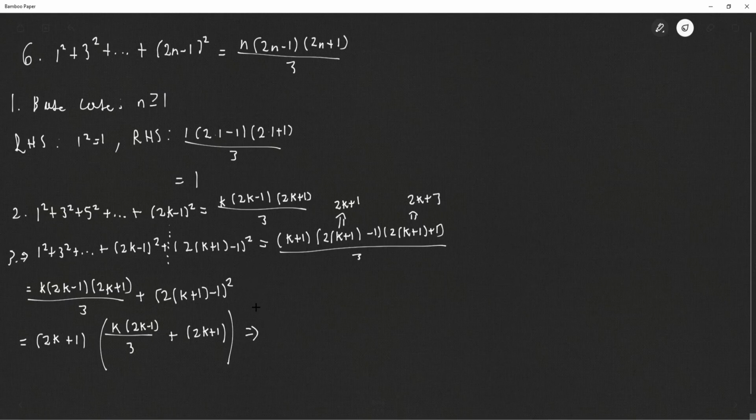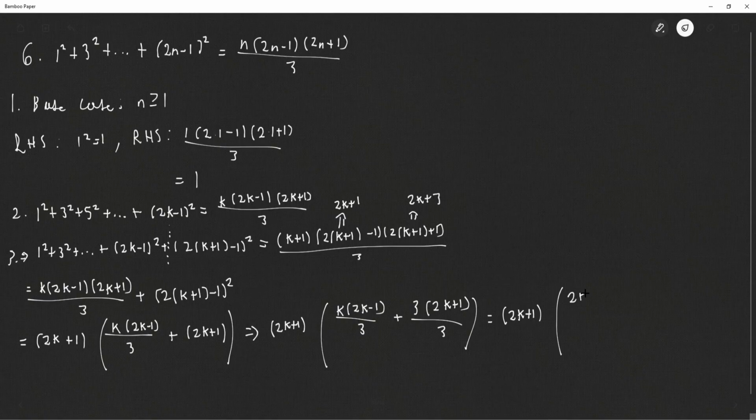So simplifying inside the bracket, we'll get our 2k plus 1 on the outside, and this will become k times 2k minus 1 divided by 3 plus, and now we're going to multiply both top and bottom by 3 for common denominators. So it's 2 times 2k plus 1 divided by 3. Now adding these together, it becomes 2k plus 1 multiplied by 2k squared plus 5k plus 3 all divided by 3.